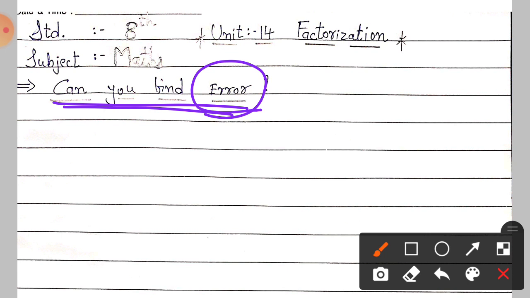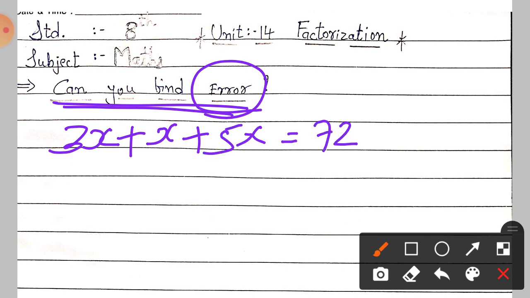Suppose we take a first example. One student's name is Simran. I am giving the question to Simran that 3x plus x plus 5x is equal to 72, and I say please find the value of x, and she is doing the sum like this.